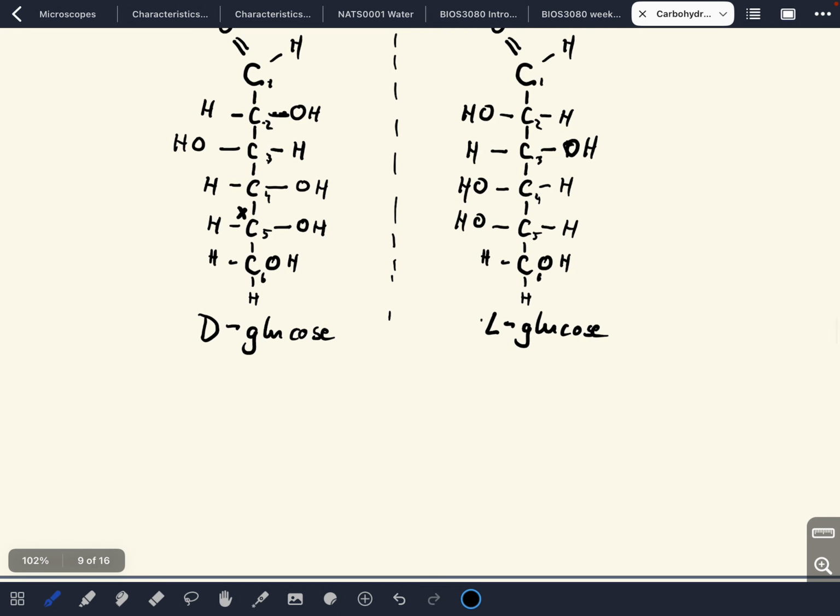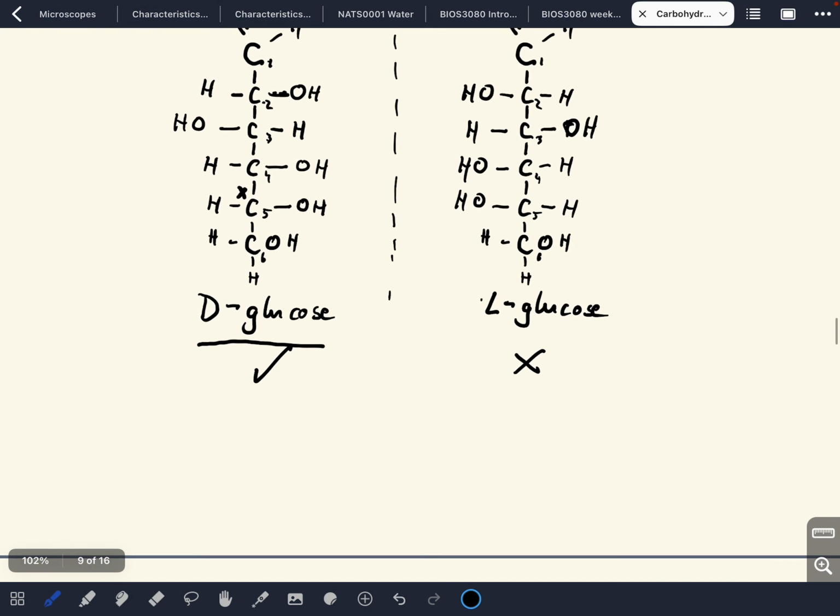But the big difference is that only the D-glucose can be used, for example, as an energy source in biological systems, whereas the L-glucose form cannot be used. So although L-glucose is sweet, the body cannot use L-glucose.